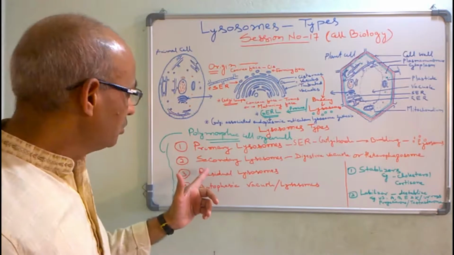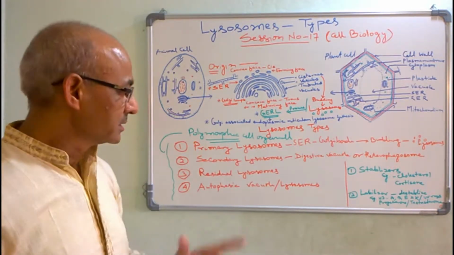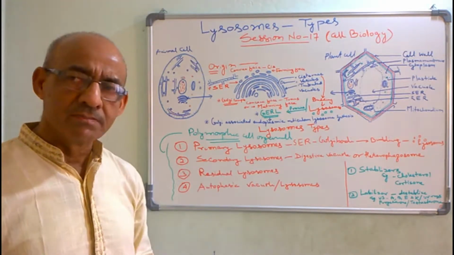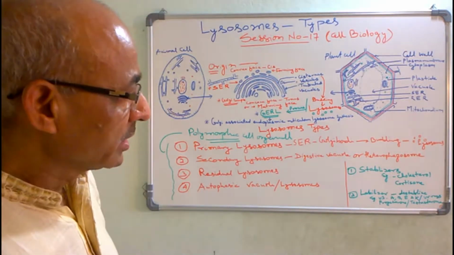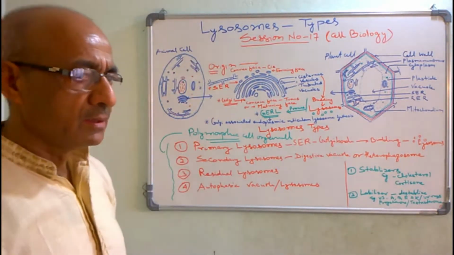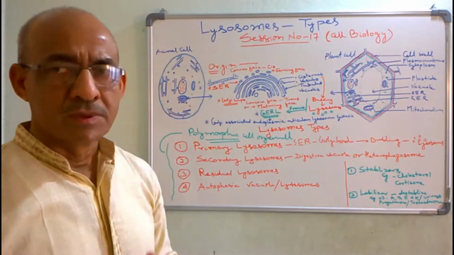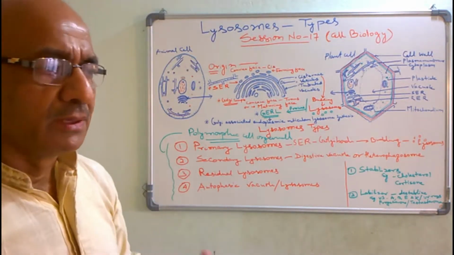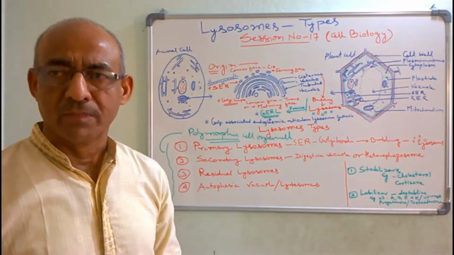In the second form, the secondary lysosomes, or digestive vacuoles, or heterophagosomes engulf certain material. They serve as food vacuoles and digest those engulfed materials.